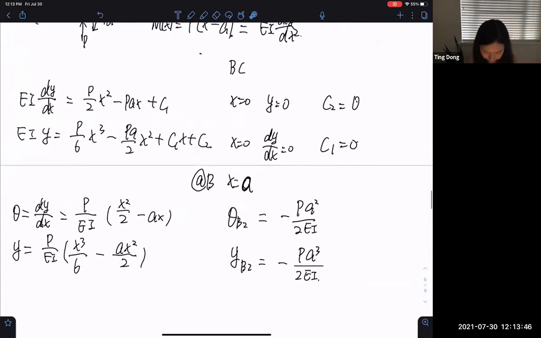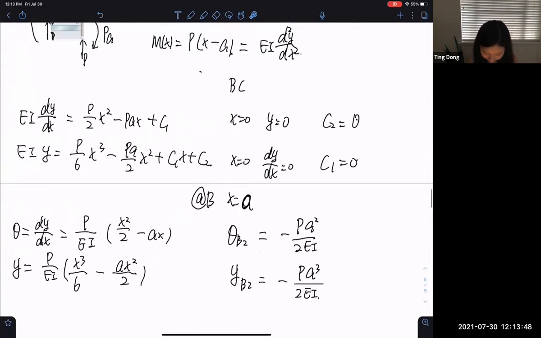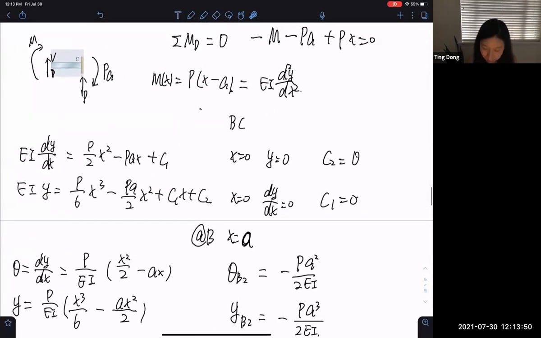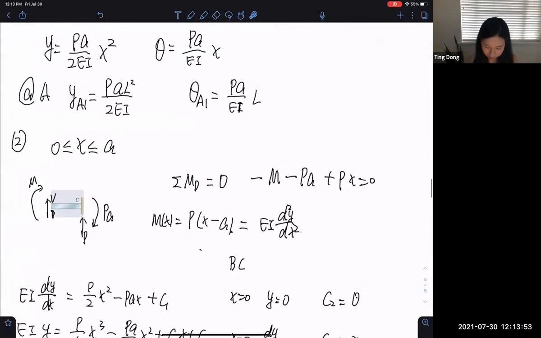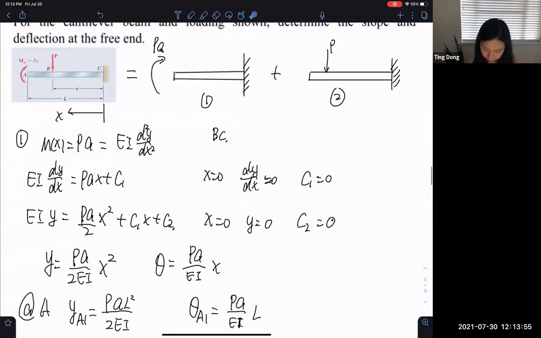So actually, when I calculate here now, I feel that it probably saves some time because we do not need to calculate the bending moment in this section, and integrate once, integrate twice, and get the deflection and everything, because this part does not deform, right?